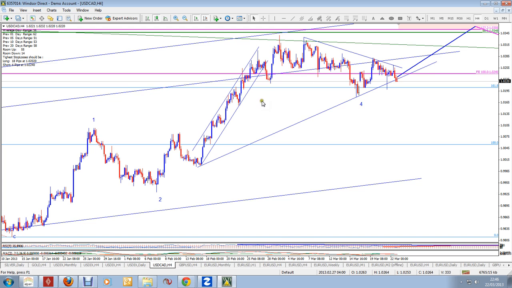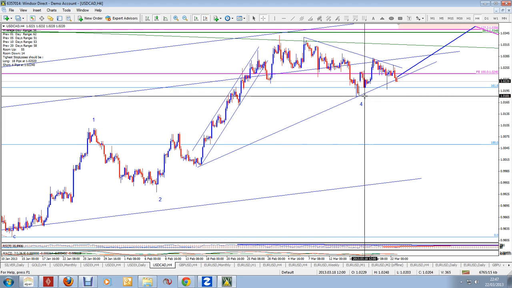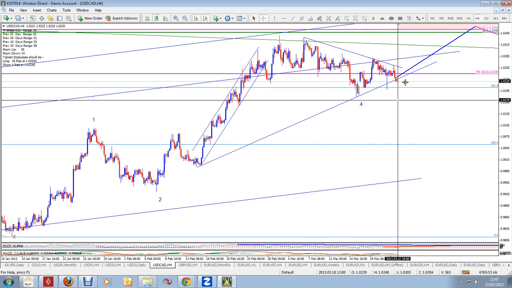So I think what we've got is this wave A, then A, B, C. So if this is wave A, then A, B and C is wave B, then this is part of wave C. But this is getting complex.